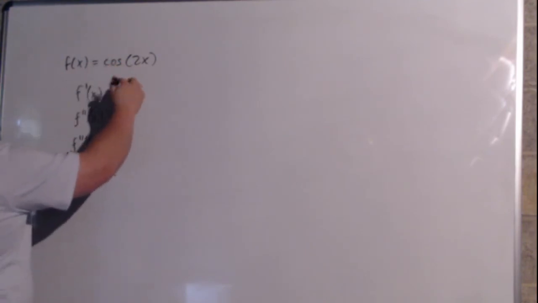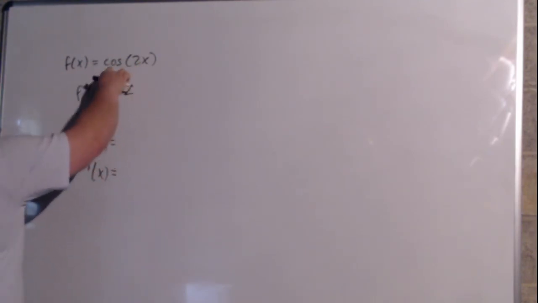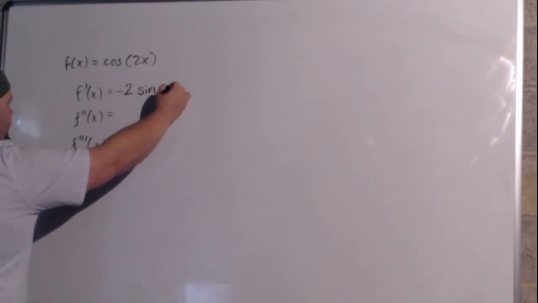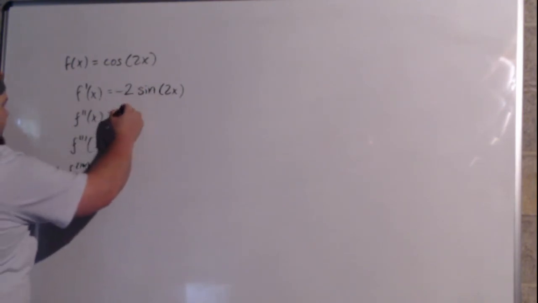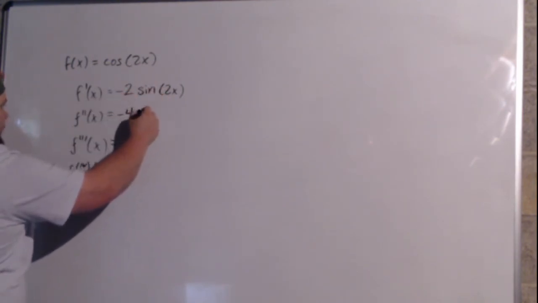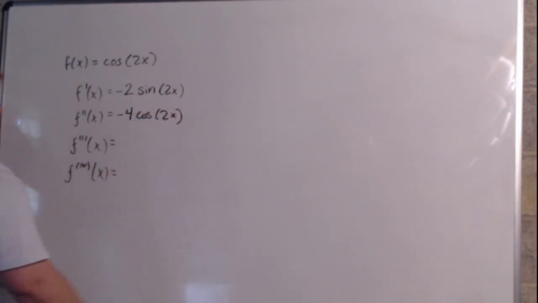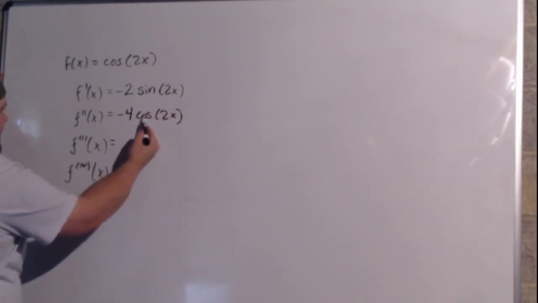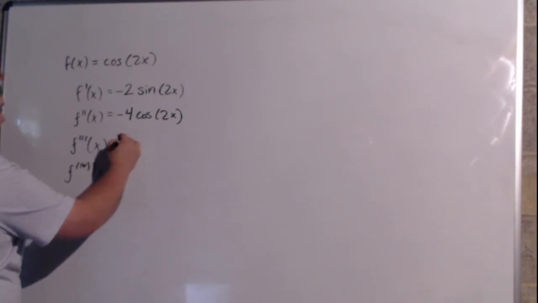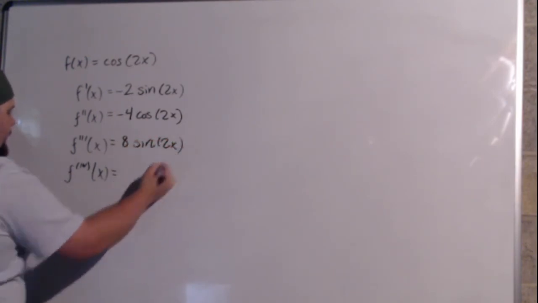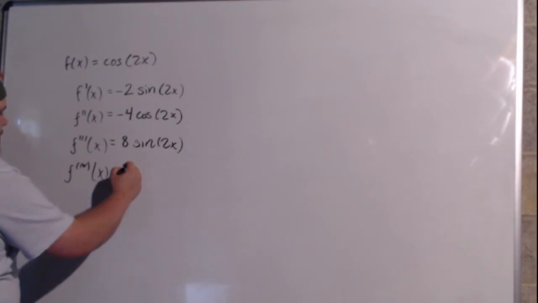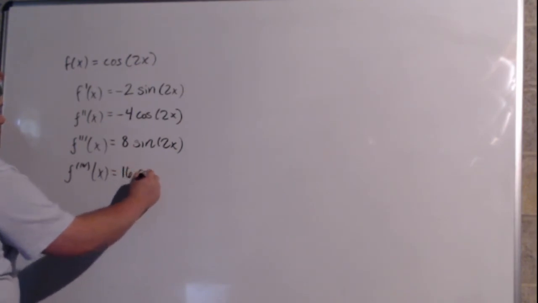Differentiating cosine, you get a minus. Derivative of the inside is 2. Derivative of cosine is a sine. That's a chain rule there. Now if I differentiate sine, I get cosine, and I get another 2 outside. Again, derivative of cosine is minus the sine, so we get positive now, and we get another 2 outside. And again, another 2 out there, and we're back to cosine.